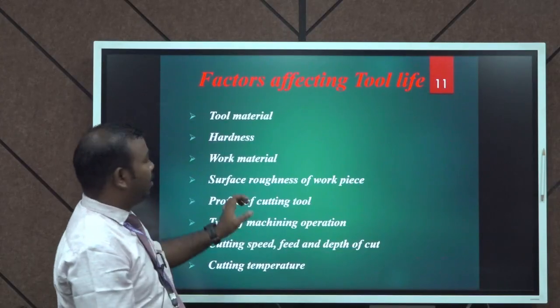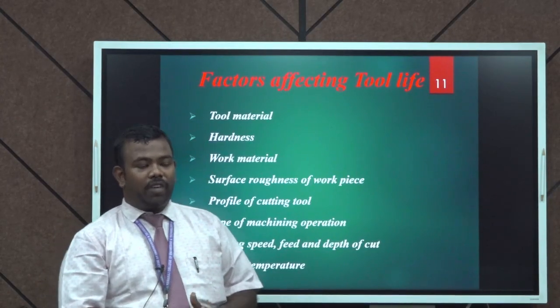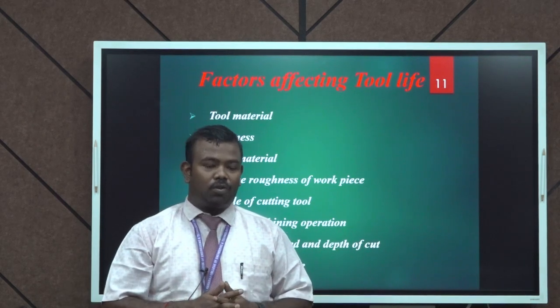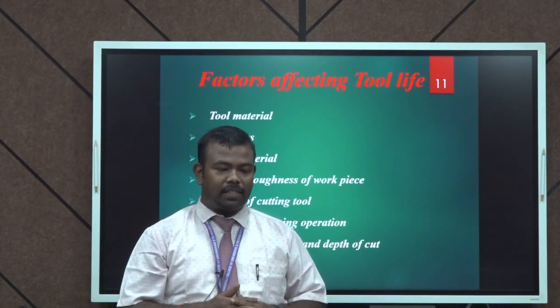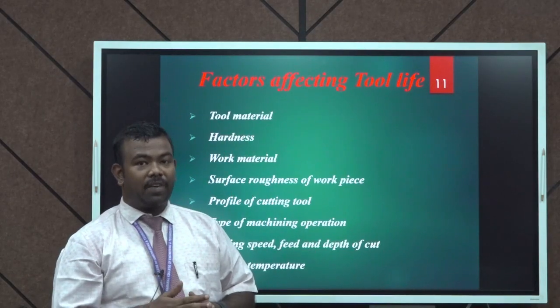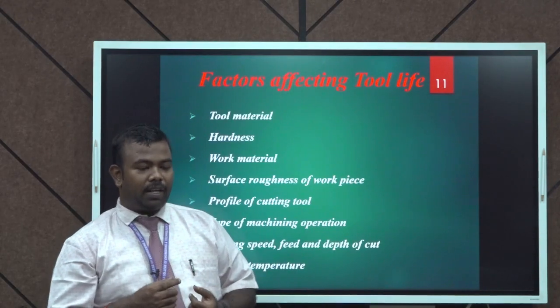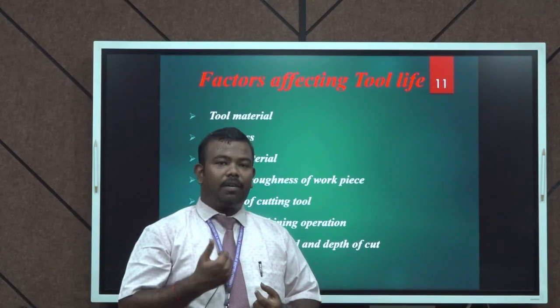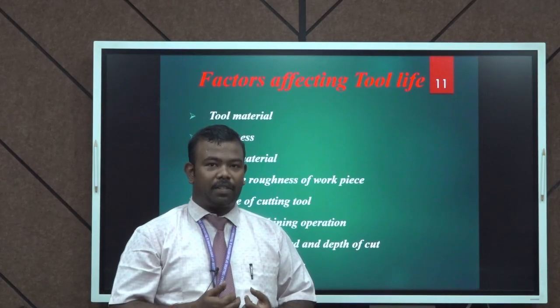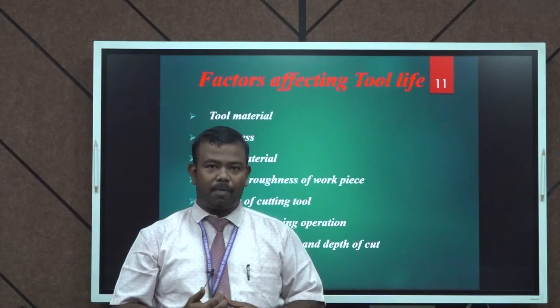These are the factors affecting tool life. The foremost factor is tool material, second is hardness, and third is workpiece material. Surface roughness of the workpiece is also a main factor, along with the profile of the cutting tool and the type of machining operation, maybe an internal operation or an external operation.